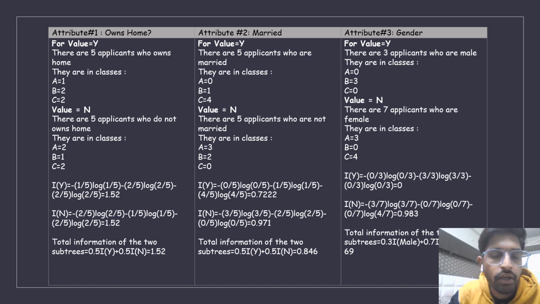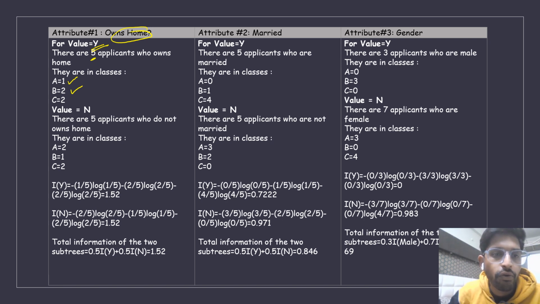For attribute one, that is the owns home column, we can see the values of y. The number of applicants that said yes is a total of 5, and out of the 5 applicants there is 1 from A class, 2 from B class and 2 from C class.